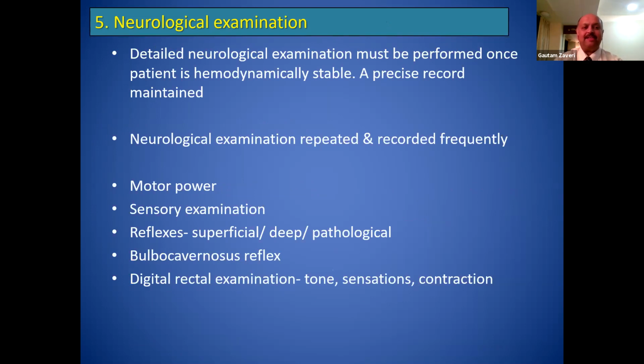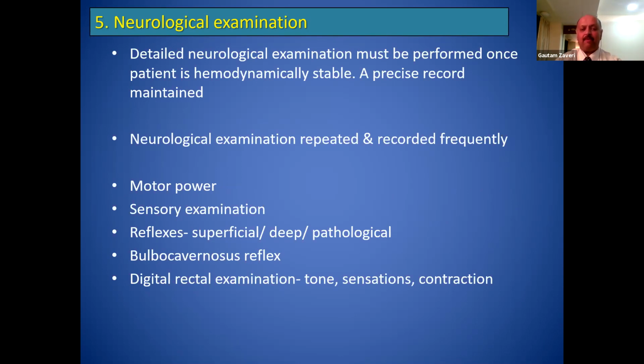The neurological examination is the next step in this emergency assessment. A detailed neurological examination must be performed once the patient is adequately stabilized and other injuries have been ruled out. And a precise record of this examination must be maintained. Neurological examination must be repeated frequently and recorded at each occasion.